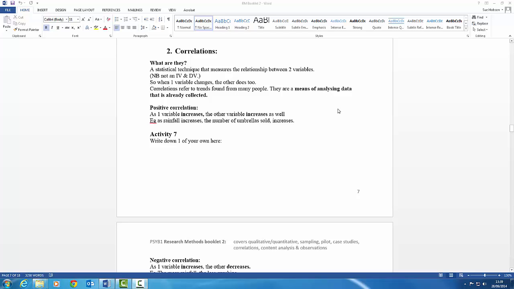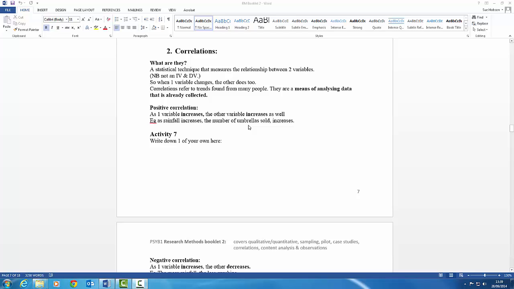So we have two sorts. We've got a positive correlation and a negative correlation. Positive correlation is saying as one variable increases, the other variable increases as well. For example, the one I've given you here is as rainfall increases, maybe the number of umbrellas sold increases as well. But we can see there that there could be other causes for us selling lots of umbrellas.